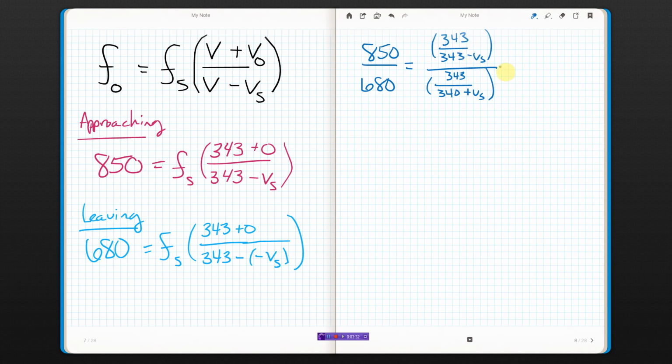That's the same as taking the fraction on the bottom, flipping it over, and putting it on the top.